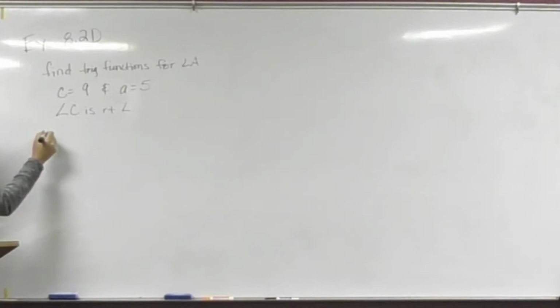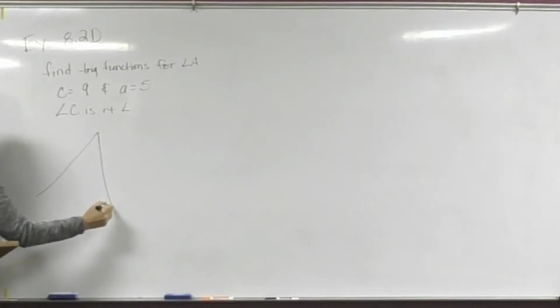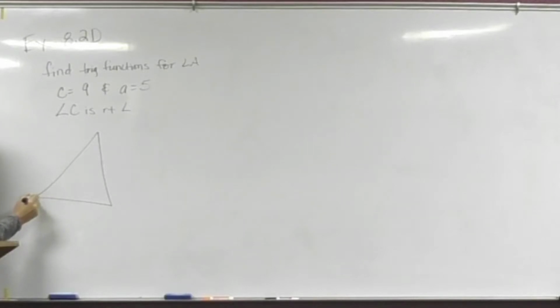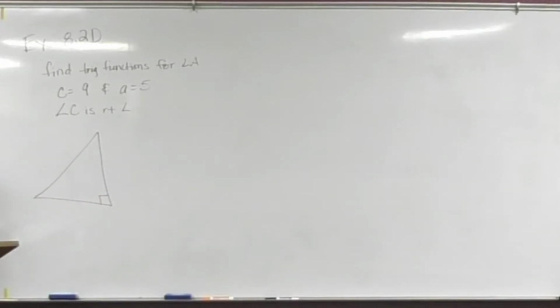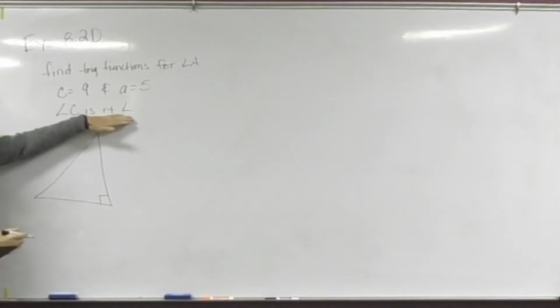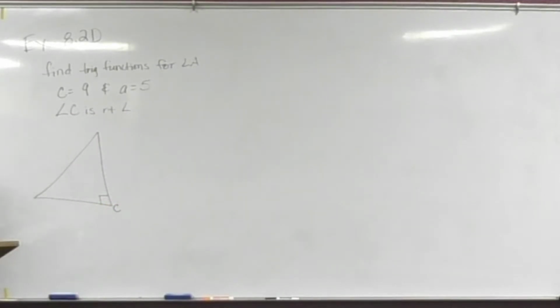This is backwards from what I usually do, but I'll do it the way that your book has it shown. So we're going to set up a right triangle. I know that angle C is the right angle, so I know that this vertex down here is C. And then I can go ahead and name the side opposite it, which is the hypotenuse.